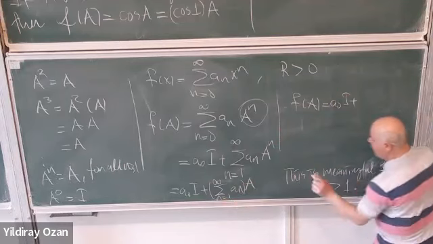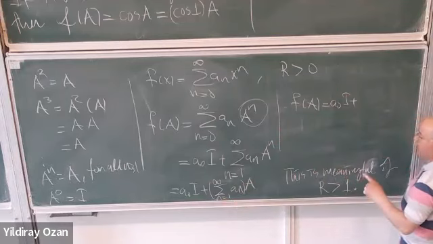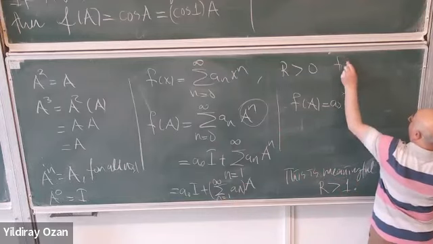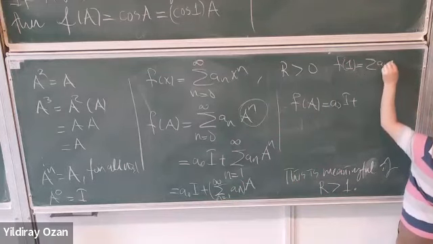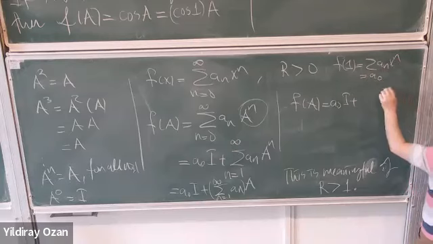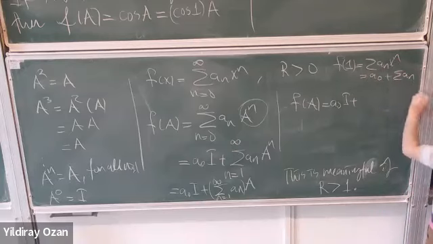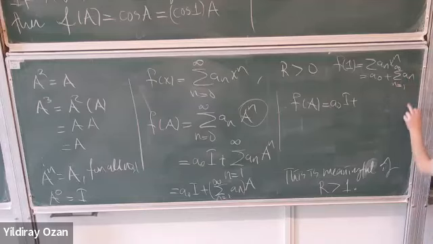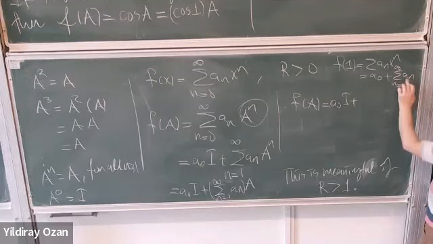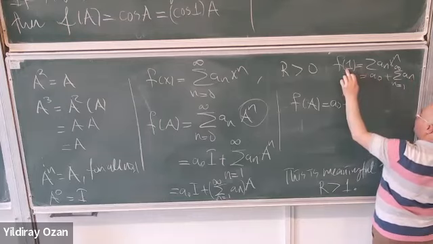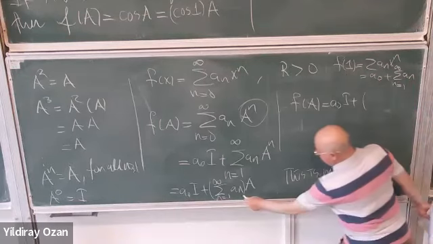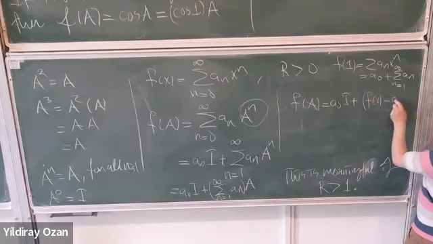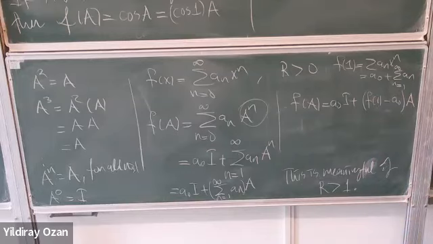That is not f of 1, because f of 1 includes the zero term. So the sum from 1 to infinity is f of 1 minus a zero. So what we have is a zero times identity plus f of 1 minus a zero, times A.